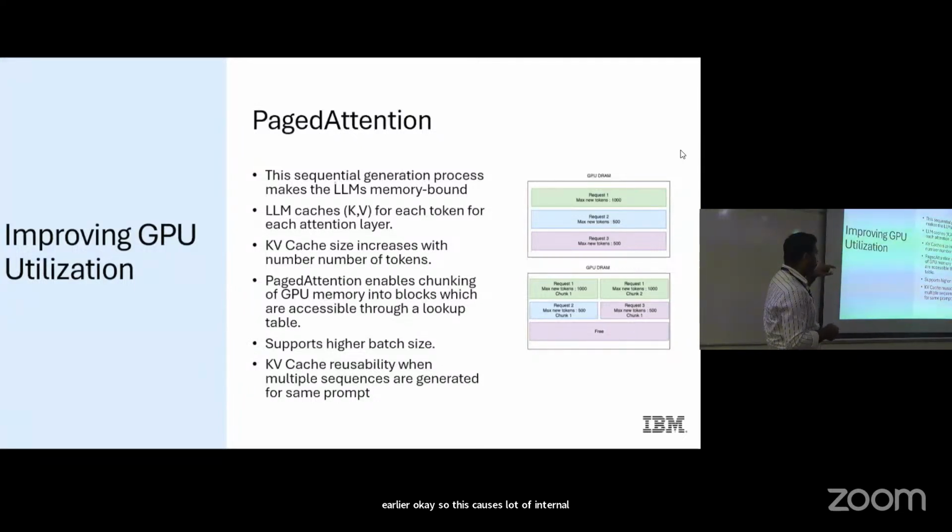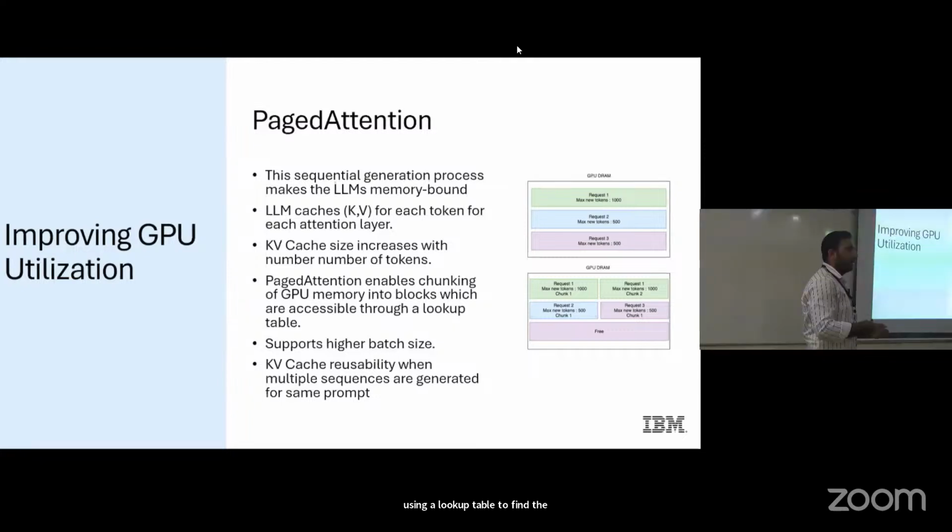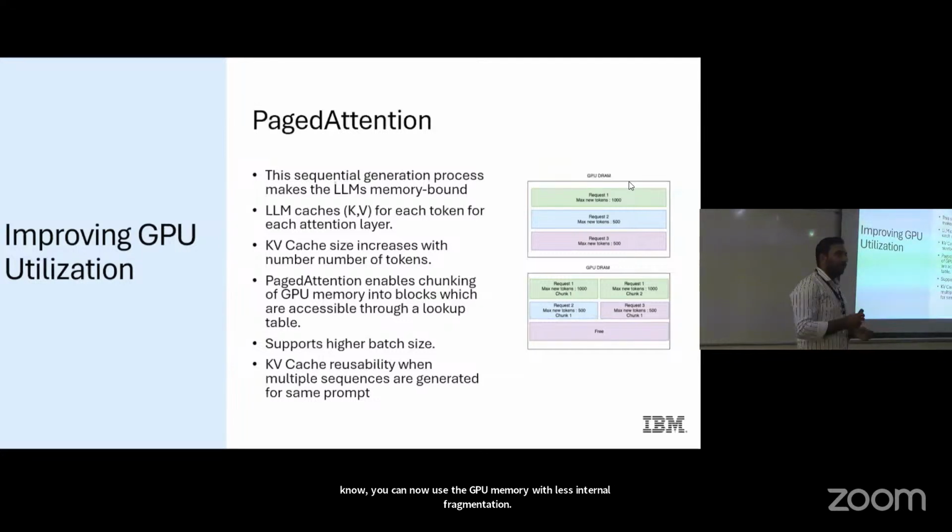Paged attention tries to solve this internal fragmentation by virtualizing, chunking the GPU memory into blocks and using a lookup table to find the memory. So the attention kernels had to be rewritten, but now you can use the GPU memory with less internal fragmentation. It was shown that only about 40% of the actual KV cache memory was utilized for inferencing.